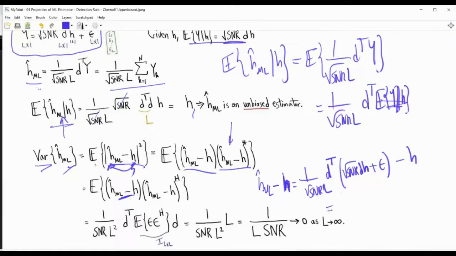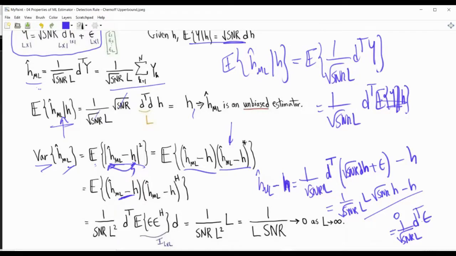So what you get here is equal to 1 over square root SNR L, and then D transpose D gives you another L, and then this guy gives you square root SNR, and then you have H. So those will cancel this H, so this will be 0, and you are left with 1 over square root SNR L, D transpose epsilon.